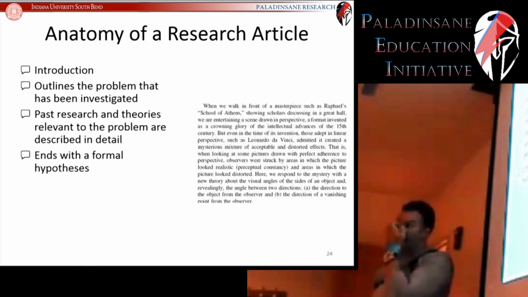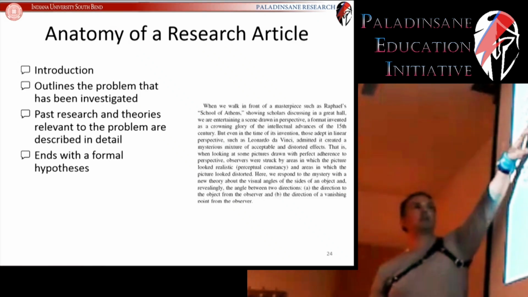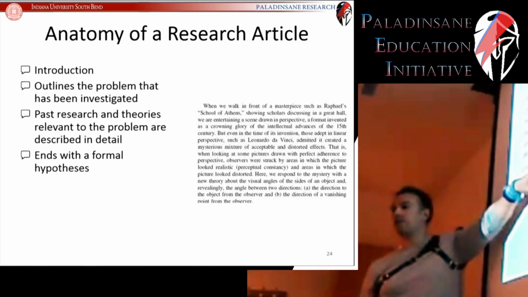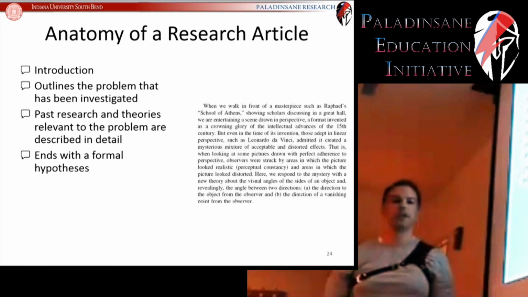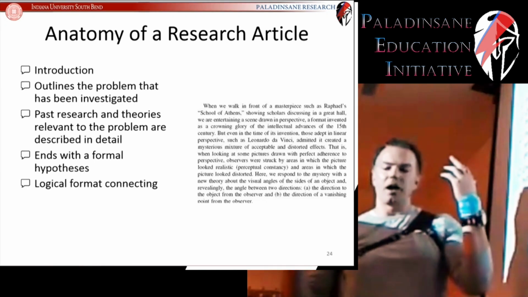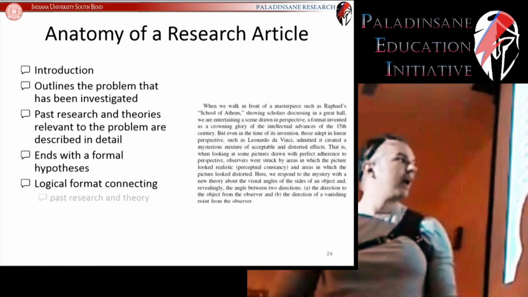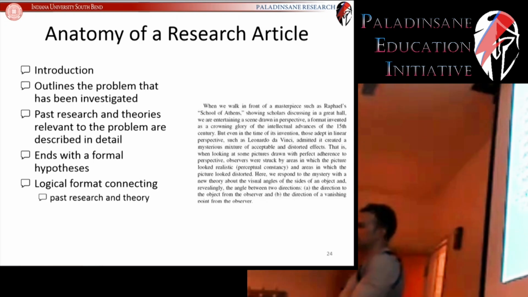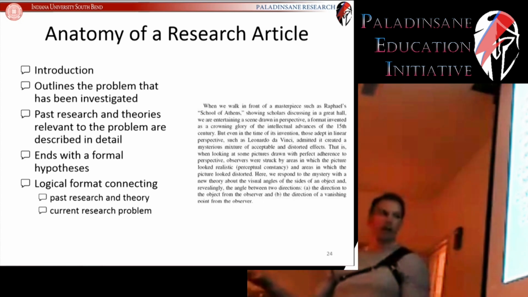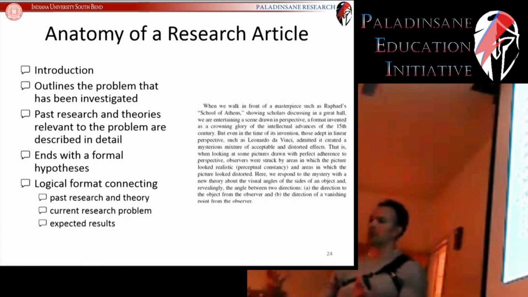So it ends with that formal statement that says, if this is true, and we do what we're about to do, we should find this result, this behavior. And that is that logical format, and it's connecting your past research and your theory to your current research problem and your current expected results, your prediction.